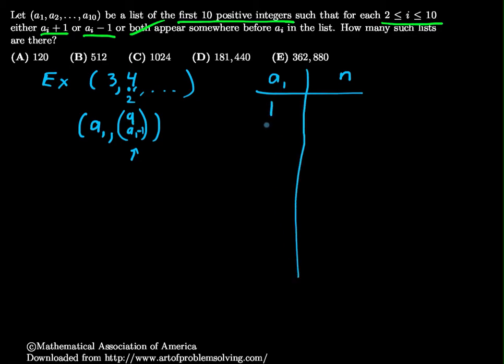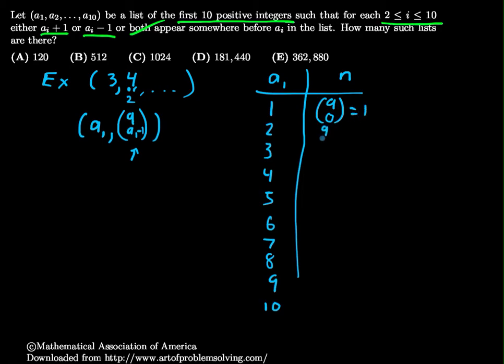If A sub 1 is 1, 2, 3, 4, 5, 6, 7, 8, 9, 10, okay? And if I put this in, there will be 9 choose 0 ways to get a 1 in the front, so that'll be equal to 1.